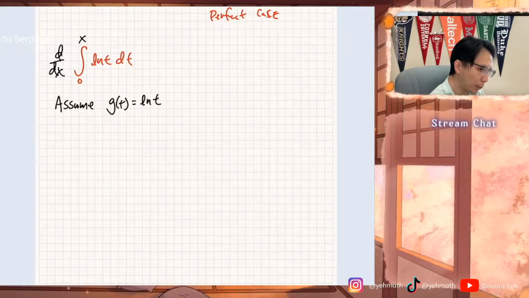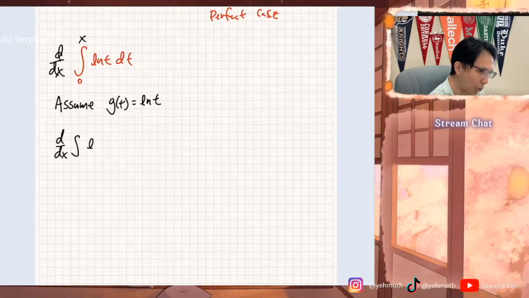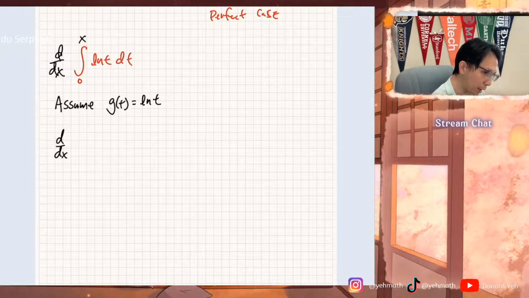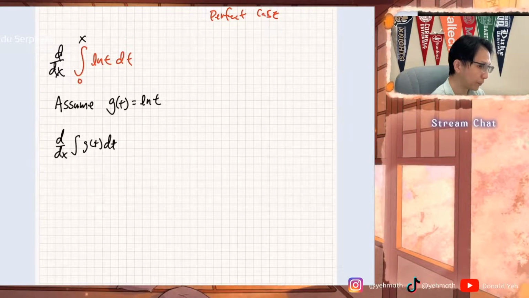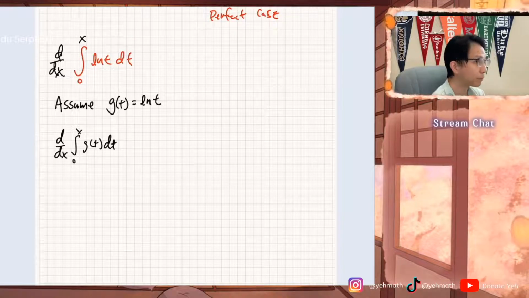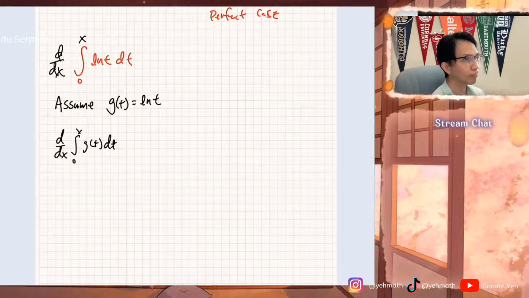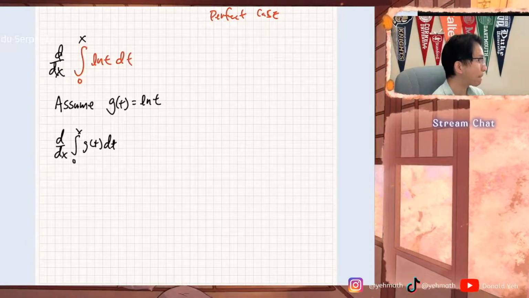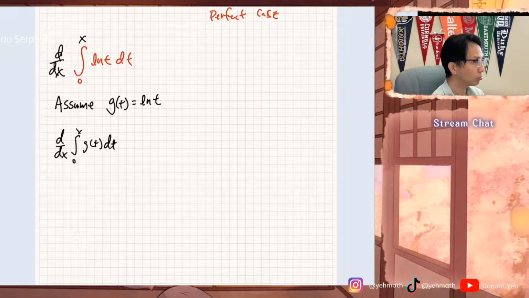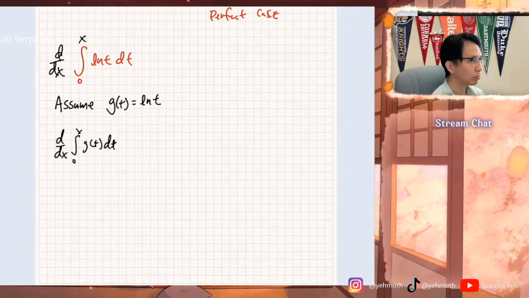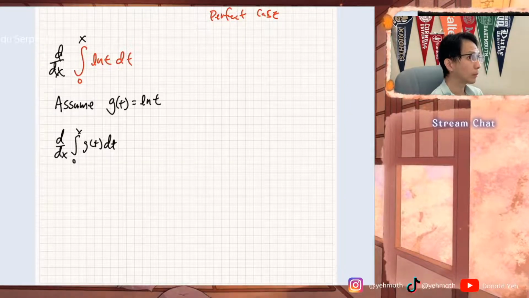Then we change this to d/dx of the integration of, instead of natural log of t, g of t, between 0 to x. Does that make sense? What's the integration of g of t?